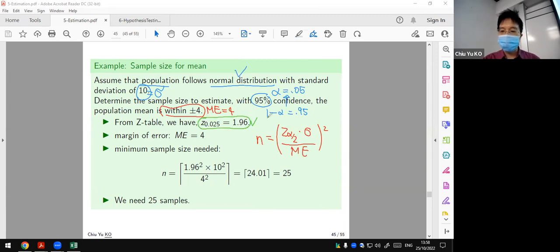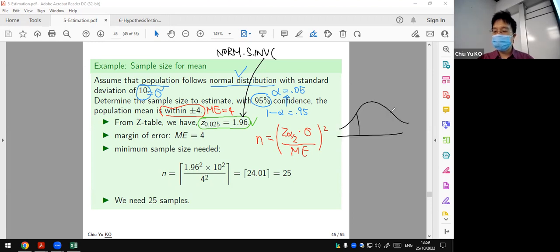I'll write down the Excel formula again, which is NORM.S.INV, not T.INV. Looking at the right-hand side, it's 0.025, because you want 0.95 in the middle.